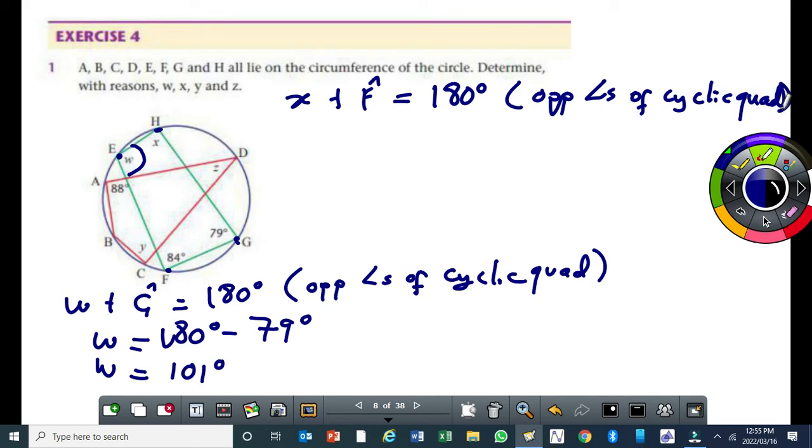So X will be equal to 180 degrees minus 84, and this will give you 96.